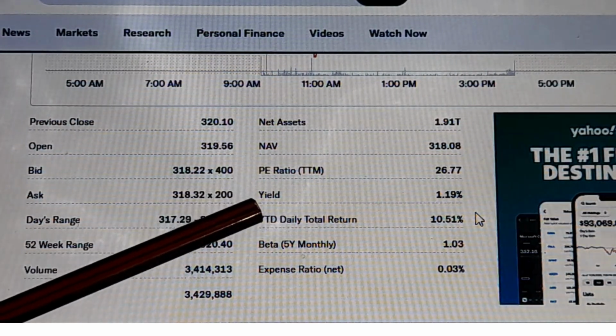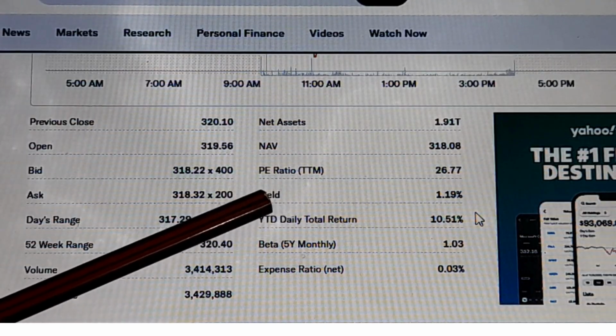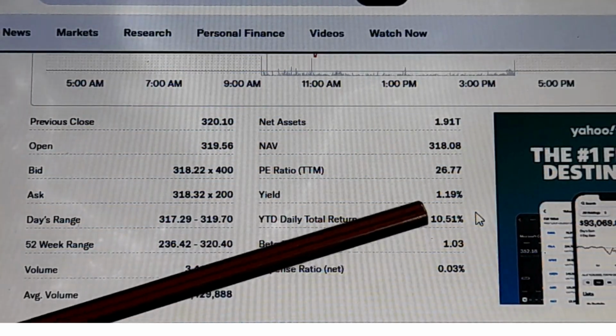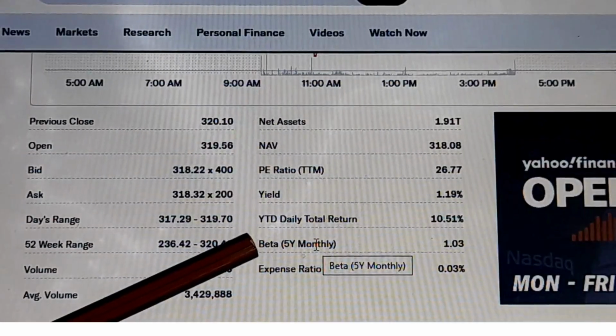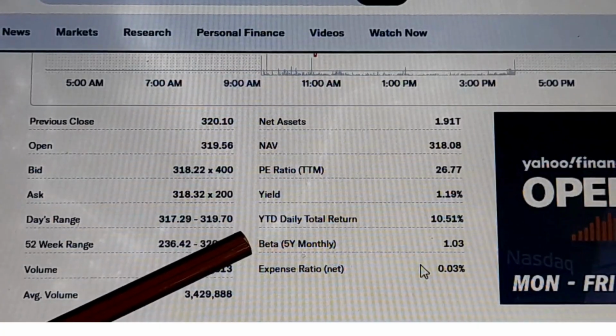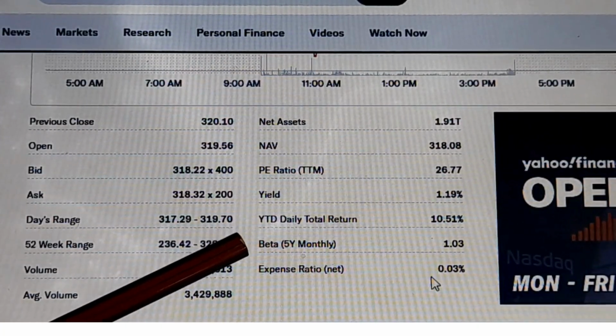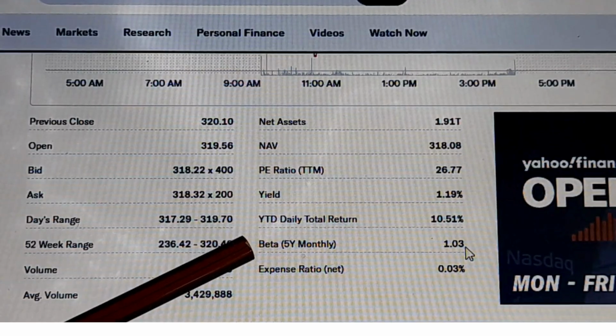Then the YTD, year-to-date daily total return, just shows you how the fund is growing, okay? Then we come to this section where you have the beta, and you see it is 1.03.